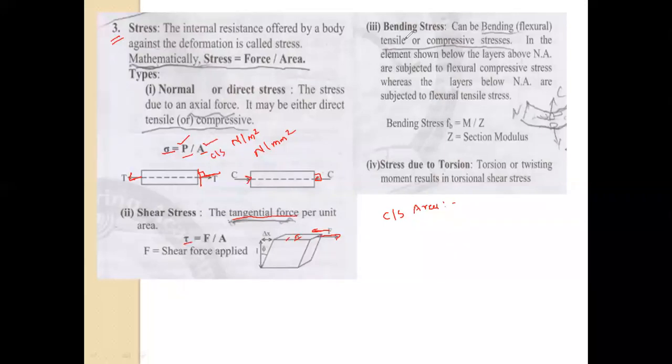Then the third type is bending stress. Bending may be flexure. Due to this, tensile or compressive stresses are generated. In that, you have to remember this formula: fb equals M upon Z. Already you know that Z means section modulus. M is a component of force and Z is a component of geometry. This section modulus depends on geometry.